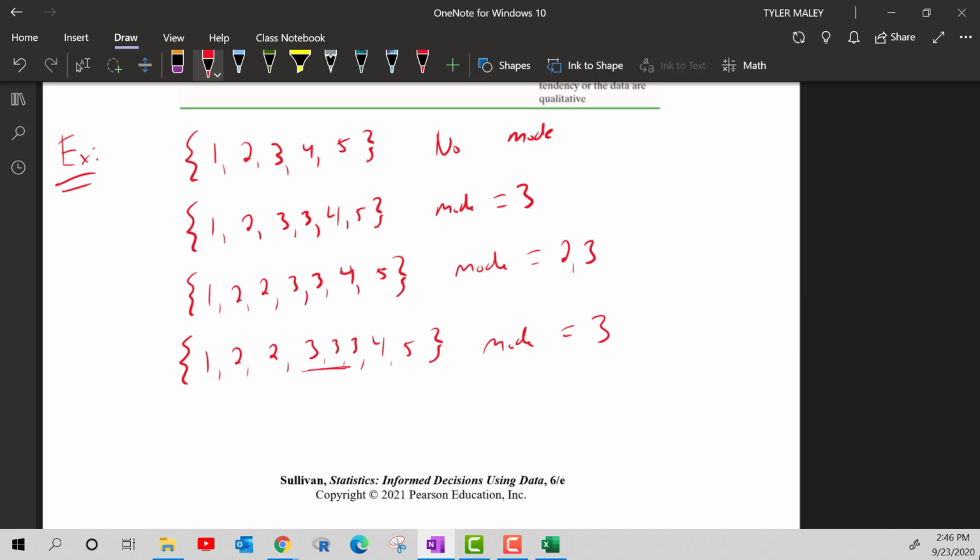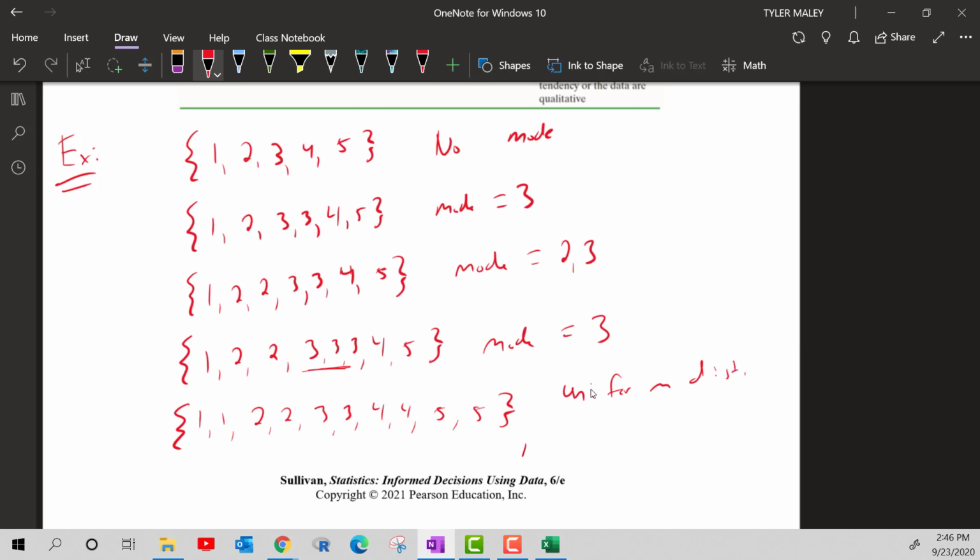So then my next data set is having the numbers 1 through 5, but all of them having a frequency of 2. Right? So this is a uniform distribution. Everything occurs the same number of times.